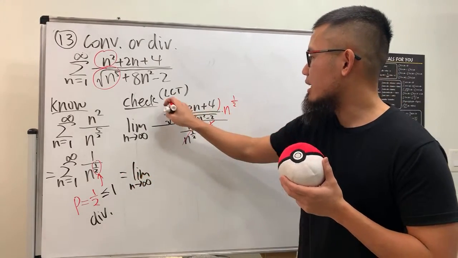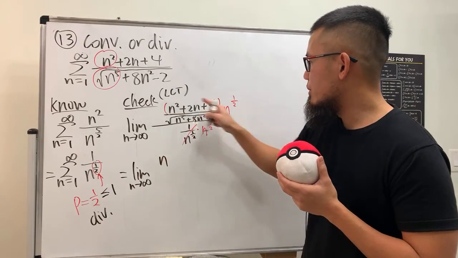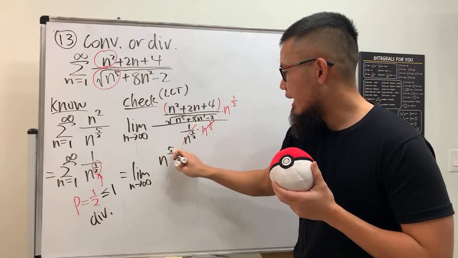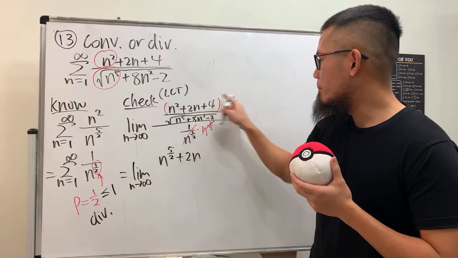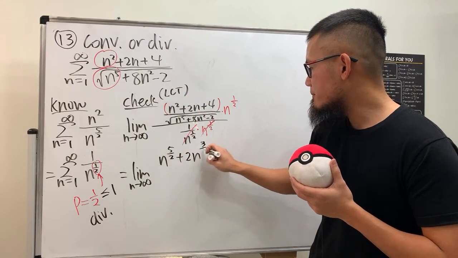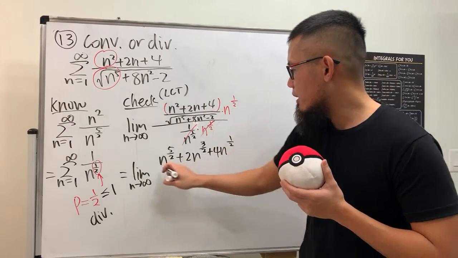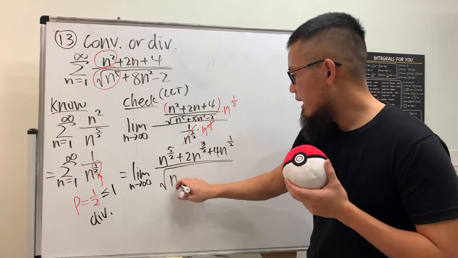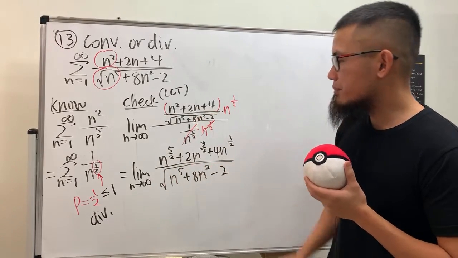But when you multiply this and that, just work out the powers: you get n to the 2 plus 1/2, and that's precisely 5/2, and then plus 2n to the 1 plus 1/2, which is 3/2, and plus 4n to the 1/2, over the square root of n to the 5 plus 8n squared minus 2.